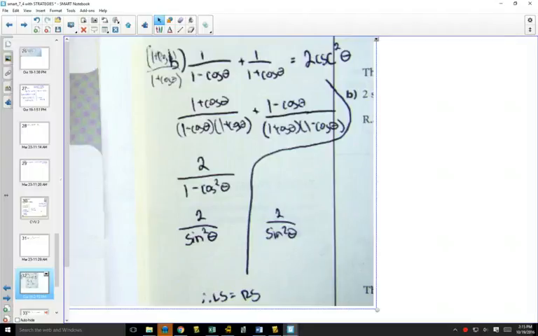What's really good here is they got the common denominator. They added the tops, and they got 2 over 1 minus cos squared. They realized 1 minus cos squared was sine squared. At this moment, they said, hey, I can change cosecant on the other side to 1 over sine squared. And then our left side is equal to our right side.